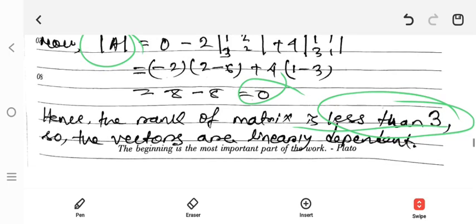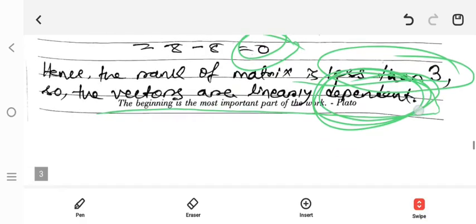So as the determinant of A is 0, the vectors are linearly dependent, not independent.